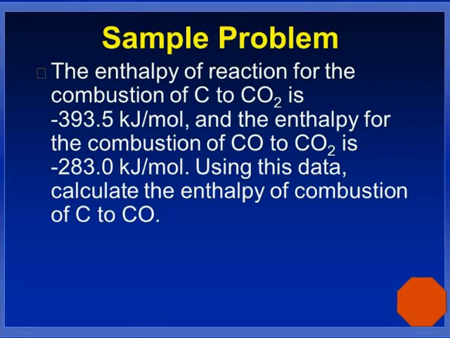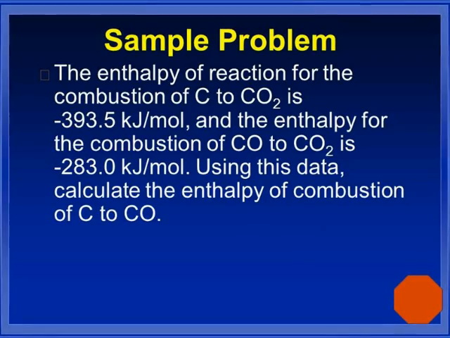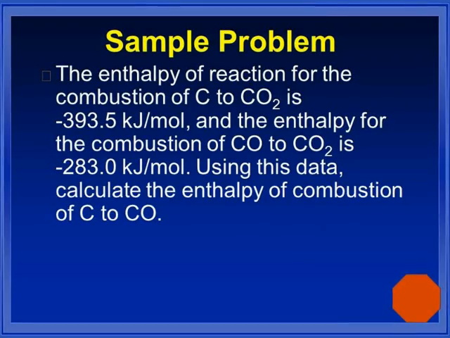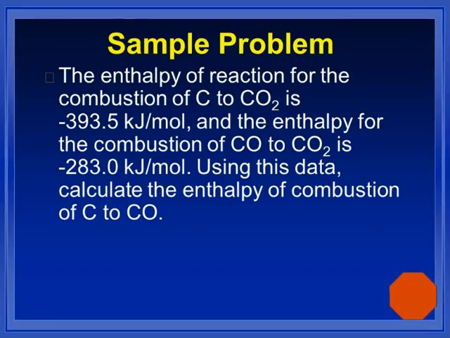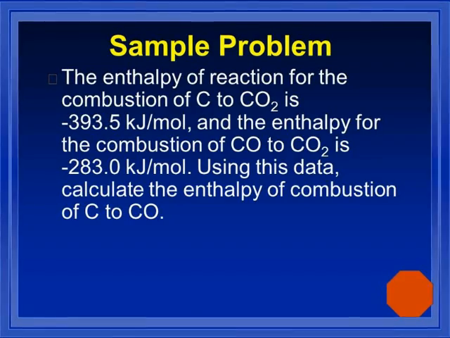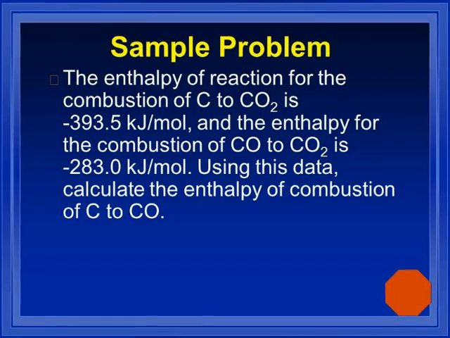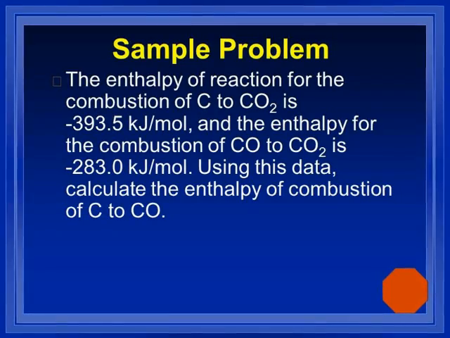Now that one's not in your book, not in the table, but we can use the other two values that I'm given in the problem to do this. See if you can piece those together. Write out the reactions, see if you can flip reactions around or multiply them by certain numbers so that they add up to CO, or C plus O2 makes CO. Remember to balance it. We'll go over this in class.